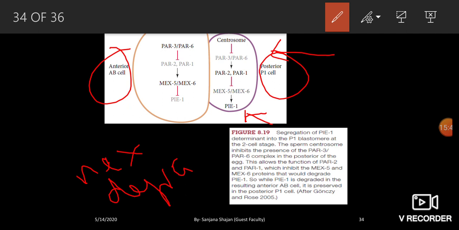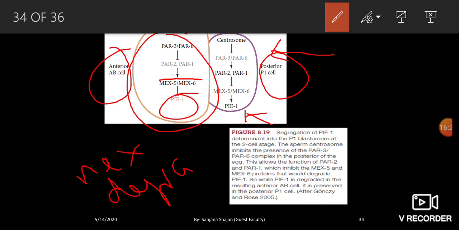But in the anterior AB cell, PAR3 as well as PAR6 is active, and this will go and inhibit PAR2 and PAR1, which in turn activates MEX5 and MEX6. As you know, the main function of MEX5 and MEX6 is to degrade PIE1. So here, since these are activated, they will degrade PIE1, and here PIE1 is not active, and this region forms the anterior AB cell.